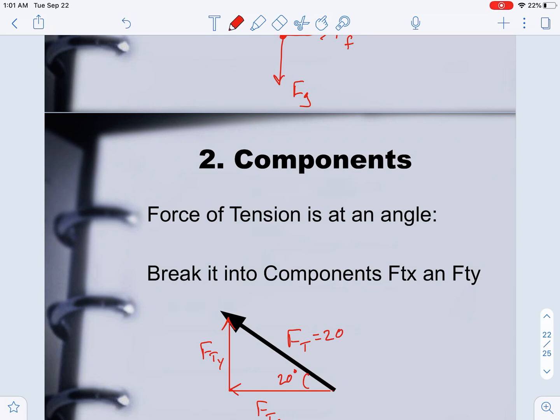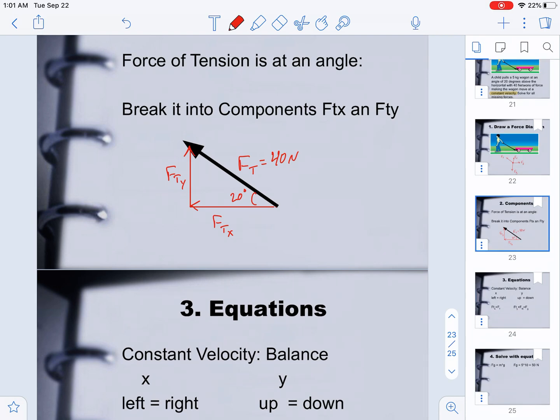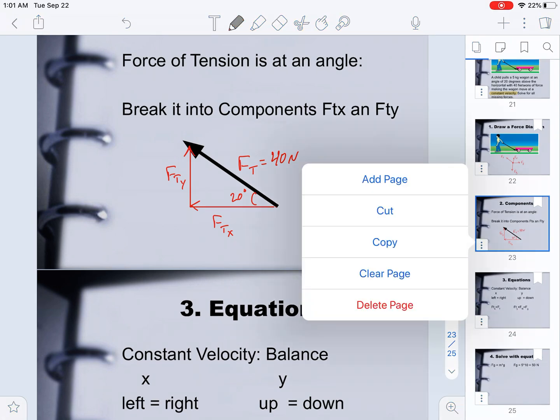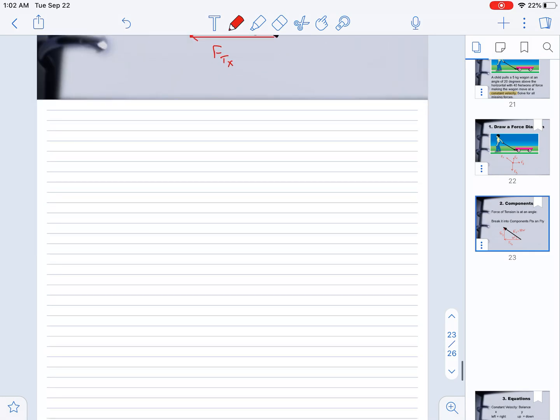So let's take that back. My angle was 20 degrees. So my tension force was 40 newtons. I want to know what my x and my y components are. And this is where we're going to use some trig. So just as a quick review as far as our trig goes, we're going to throw in an extra little page here.